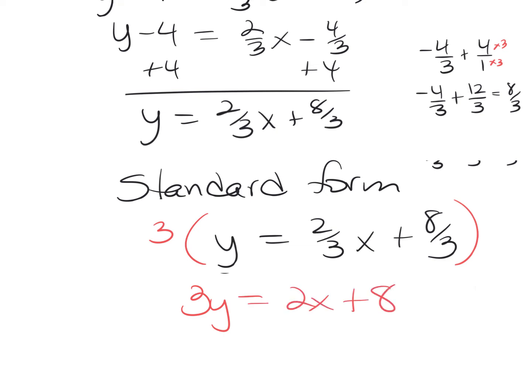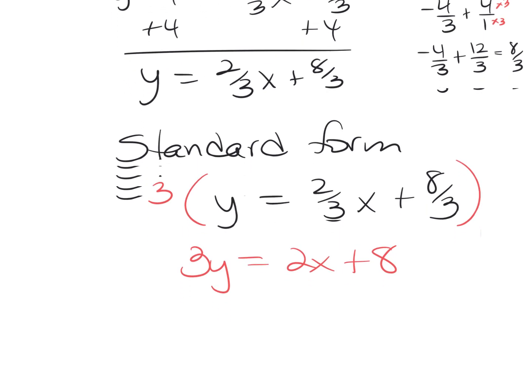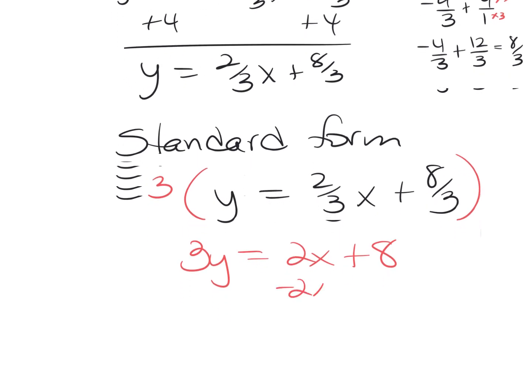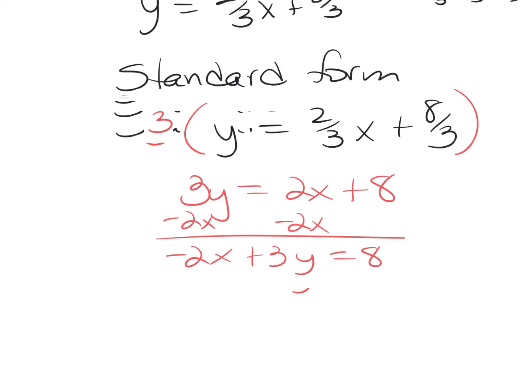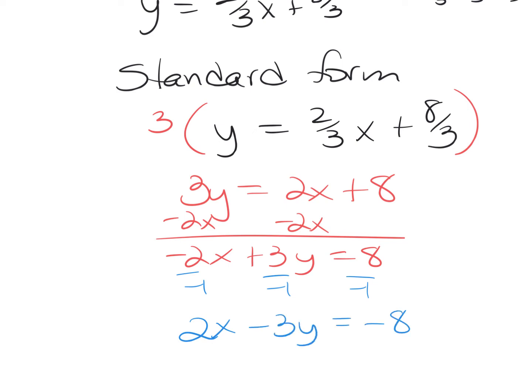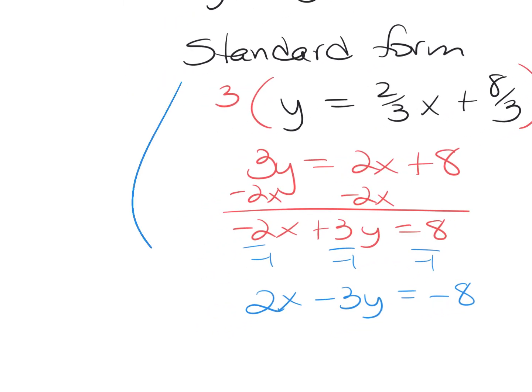But remember, your x term needs to stay positive. So if you move the 2x over, it's negative. But then what I'm going to do, in order to get it positive, is divide everything by -1. So then this becomes 2x minus 3y equals -8. So if the instruction said standard form, that would have been your answer.